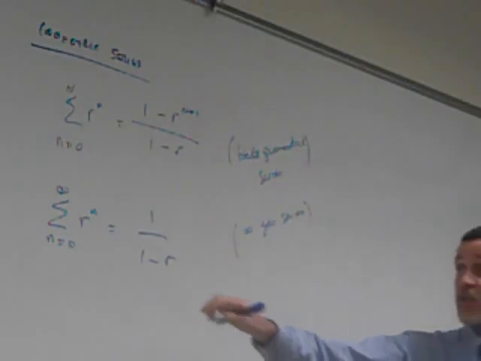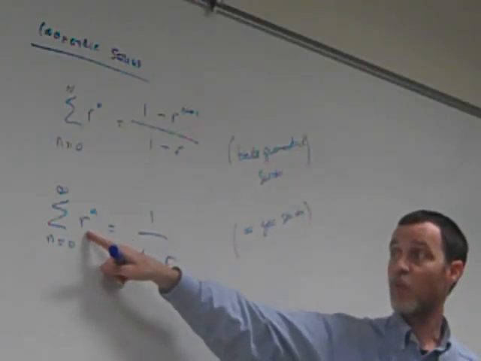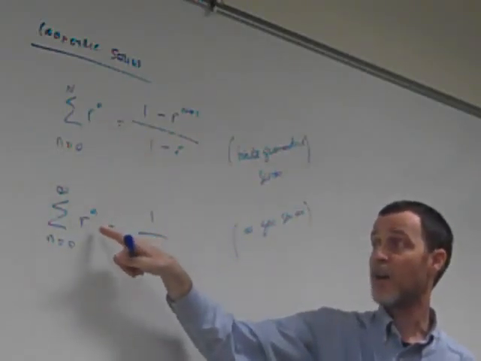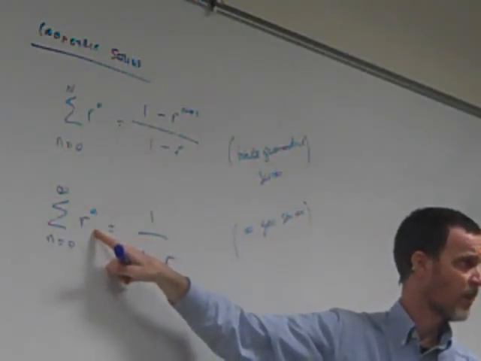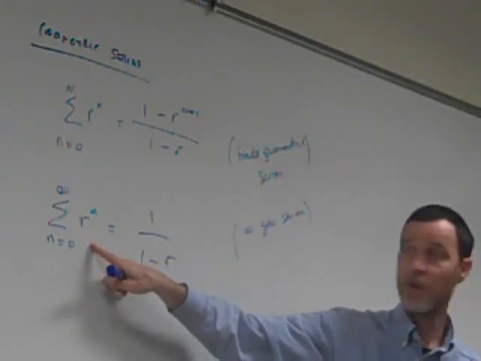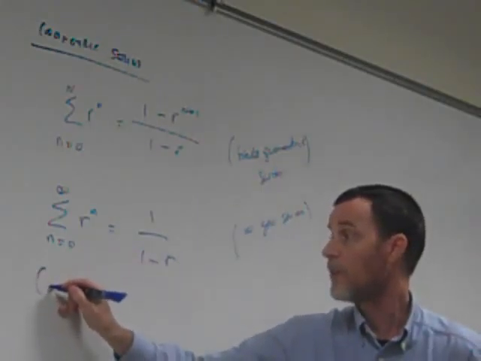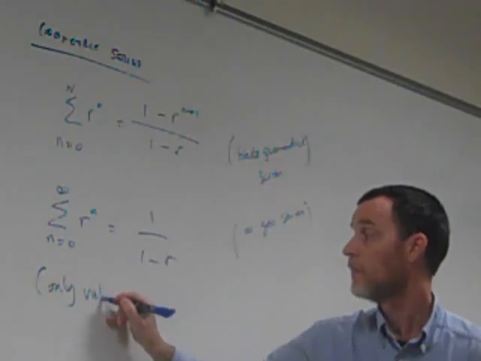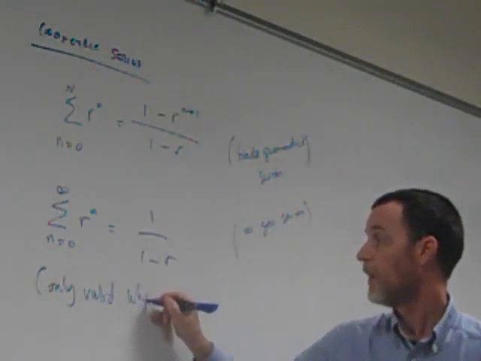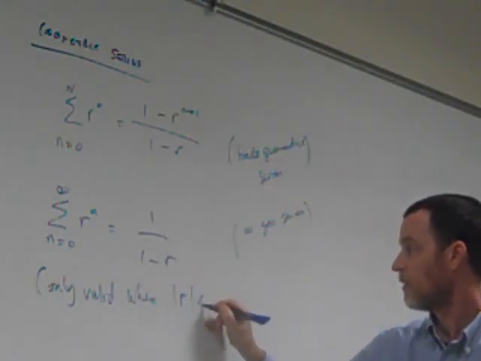Because if you take anything bigger than 1 and raise it to higher and higher powers, it's going to get bigger and bigger and bigger. So this is going to diverge. So this one's only valid when, as everybody writes it, the absolute value of r is less than 1, because it could be negative.